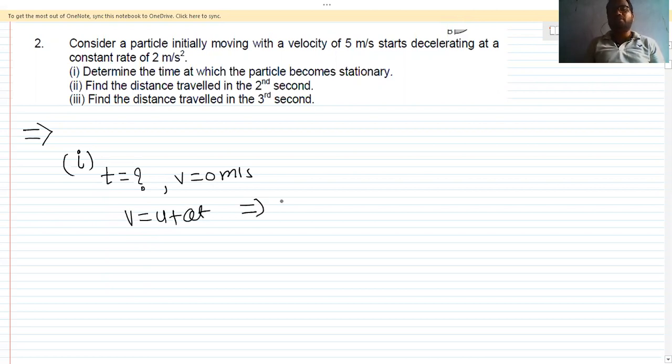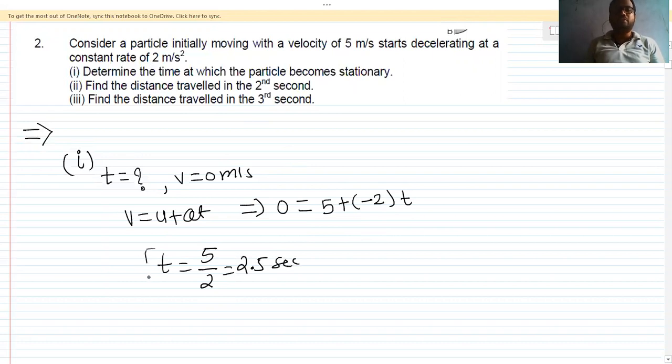Final velocity we have is 0, initial velocity is 5, plus decelerating, that means minus 2 into t, as it is decelerating at 2 meter per second squared. So t is equal to 5 divided by 2, that is 2.5 seconds. This is the time at which the particle will become stationary.